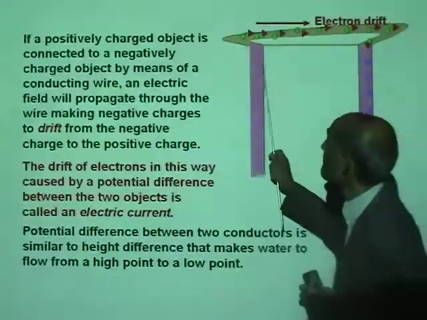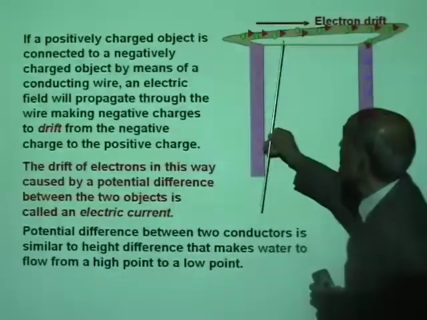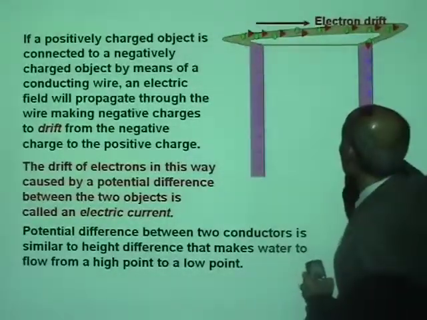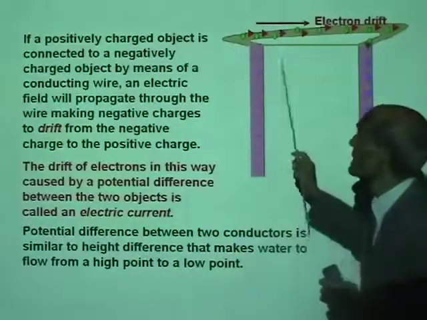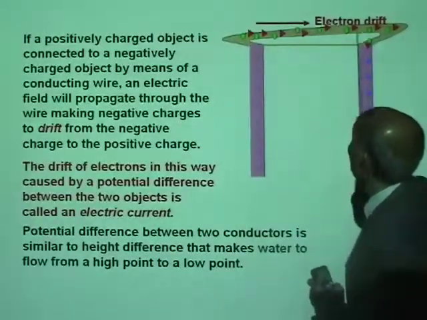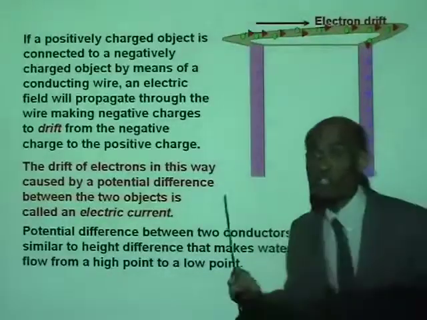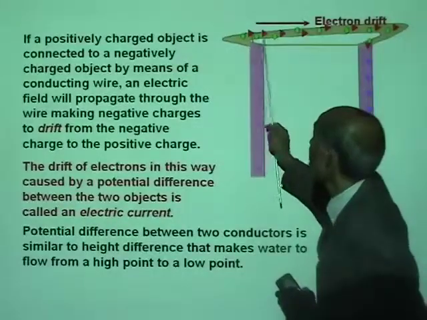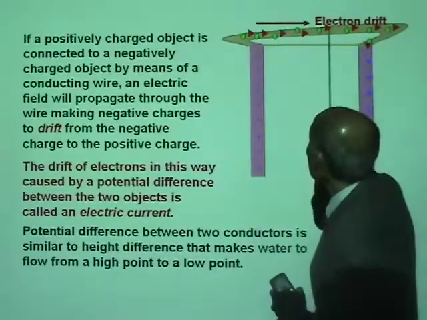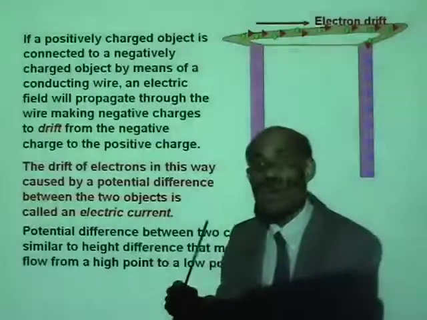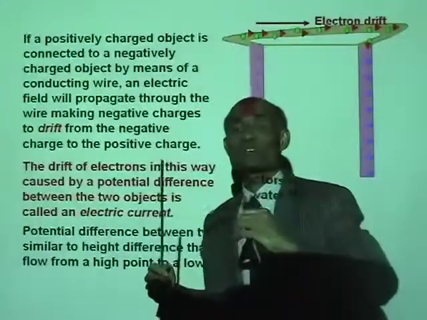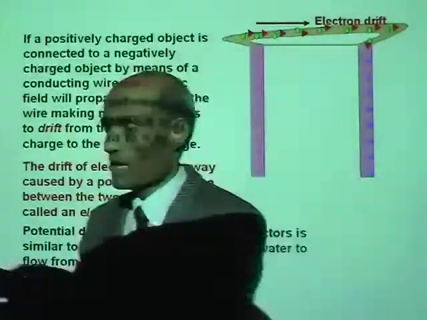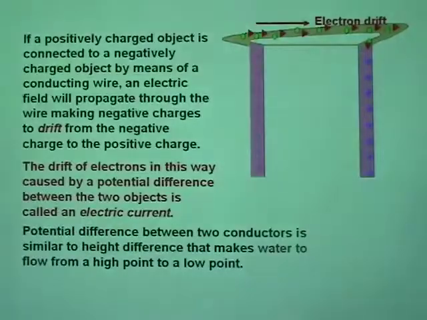In the same way, when you have a potential difference between two objects, one a negatively charged object, the other a positively charged object, and you connect them by means of a conductor, electric charges will flow or drift from the negative potential to the positive potential, from the low potential to the high potential. Now, let me see if I can show that to you.